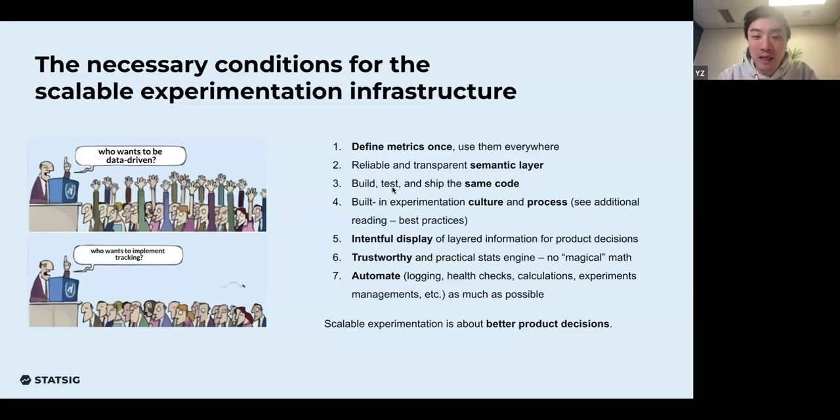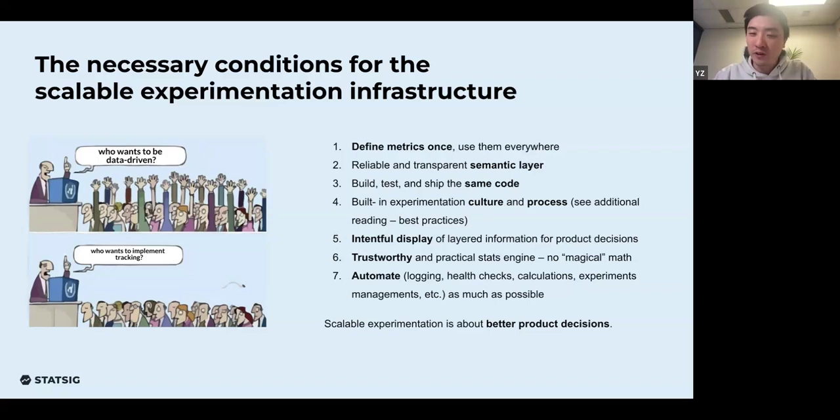The fourth one is to build experimentation culture and process into the product, in the console. Wherever people make decisions and read the experiment results, the culture and process of decision making should be in the product where people see the results. The fifth is an intentional display of layered information, because the experiment result is really there to make product decisions.